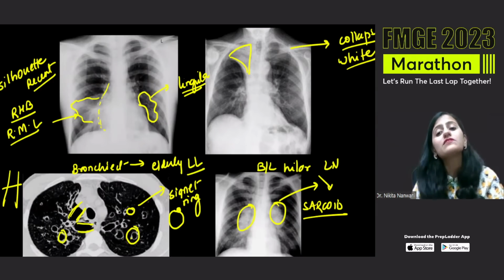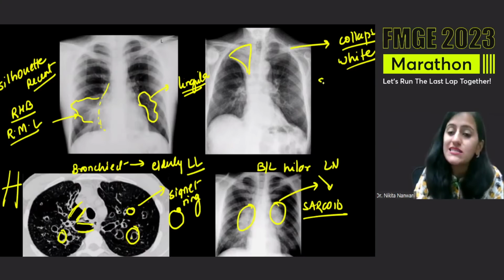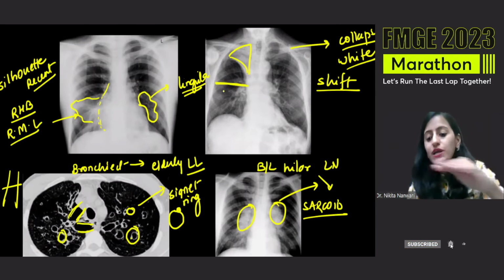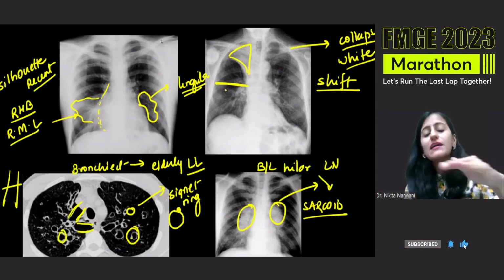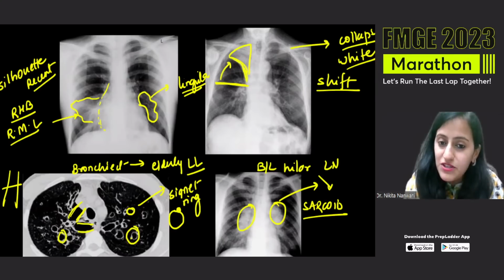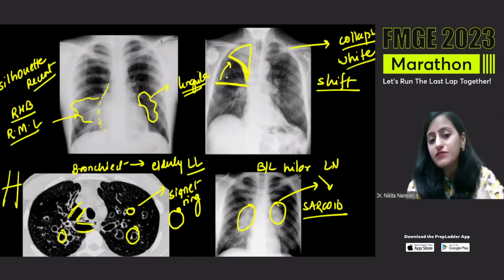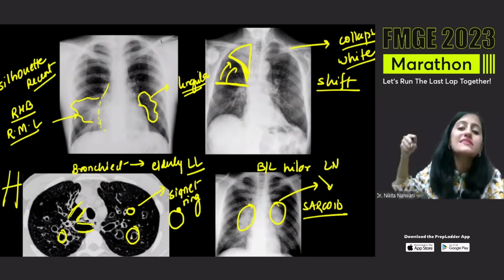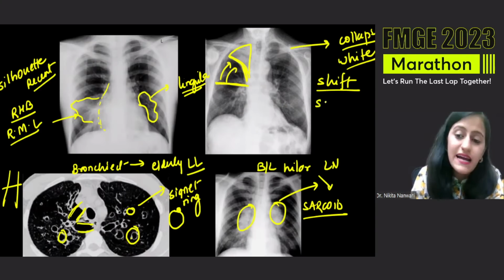So how do we differentiate collapse from consolidation? By the shift of the structures. If it was consolidation, the horizontal fissure on the right side would have been horizontal. Here what we are seeing is that the limiting fissure, which is actually the horizontal fissure, has been pulled upwards. Collapse pulls the structures towards itself. That is same-sided shift that we are seeing.